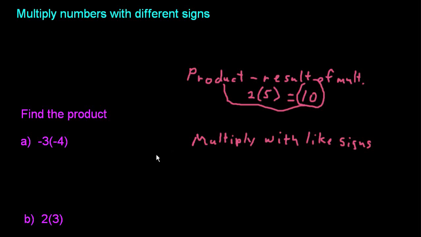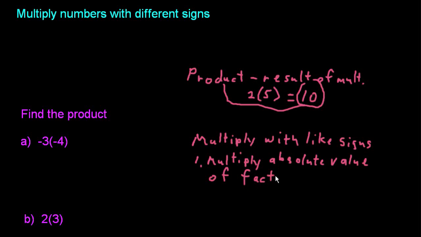Well, the first rule is to just multiply by the absolute value of the factors. And we need to ask ourselves, what does factor mean?